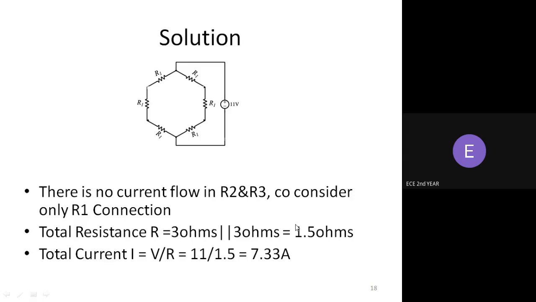The value of total resistance R is equal to 1.5 ohms.